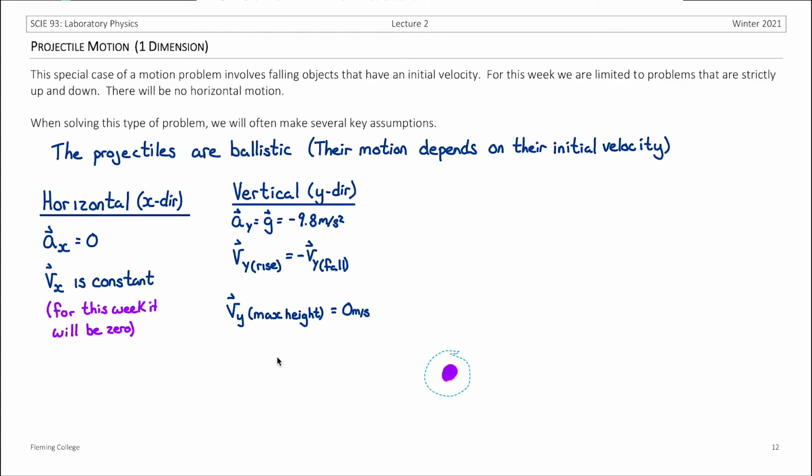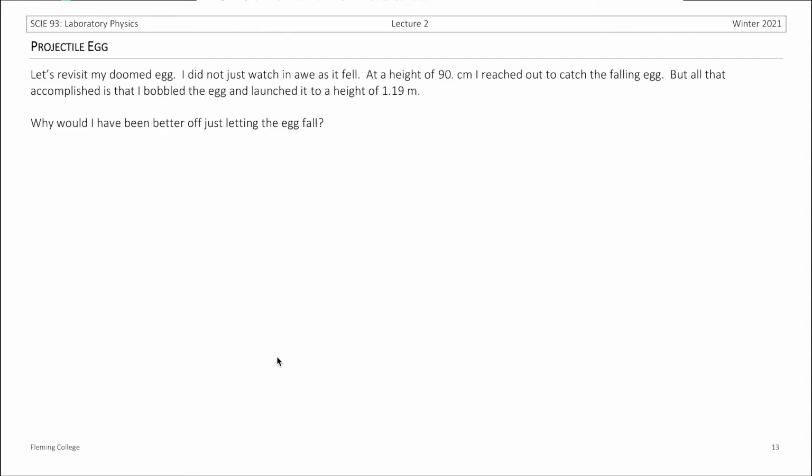Picture an object, and let's launch that object with a velocity of 2 meters per second. It's going to move up and up and up and slow down to 1 meter per second until finally reaching its max height where it's got a velocity of 0 meters per second. Before it begins to fall and accelerate, getting to -1 meter per second and -2 meters per second on the way back down. The way we know where the max height of the object is because there is no more upward velocity. Also see how the velocities are equal and opposite at each given height.